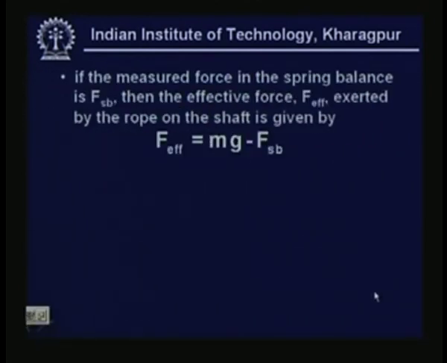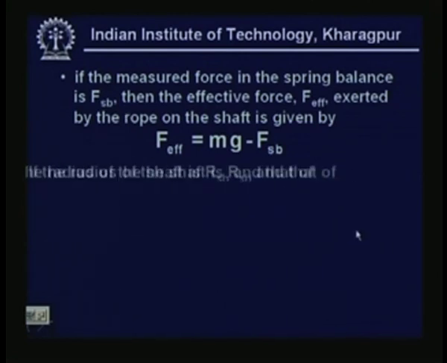If the measured force in the spring balance is F_SB, then the effective force F_EFF exerted by the rope on the shaft is given by F_EFF equal to mg minus F_SB, where F_SB is the measured force, right.